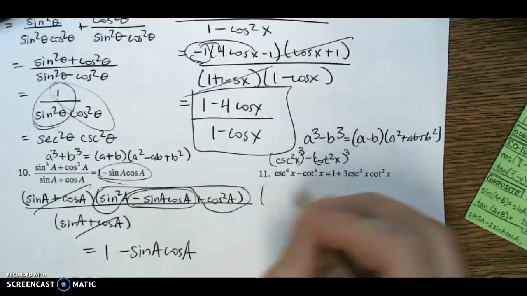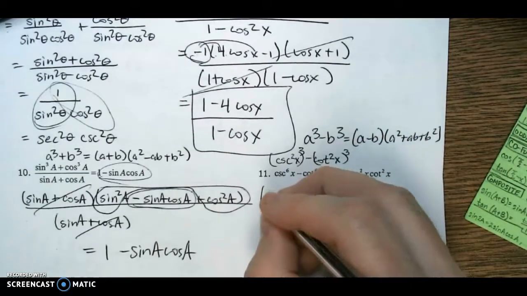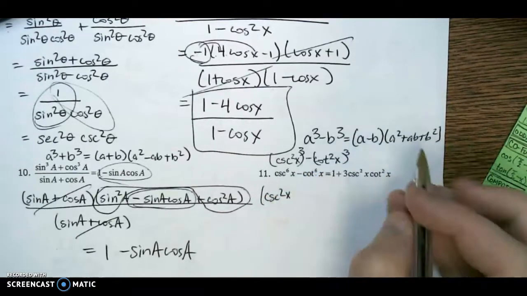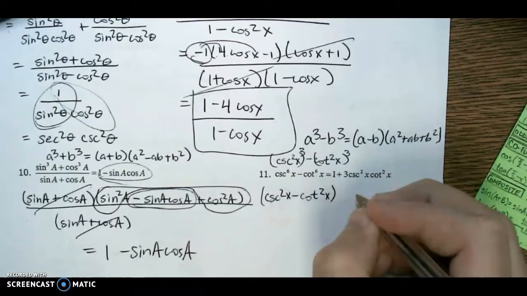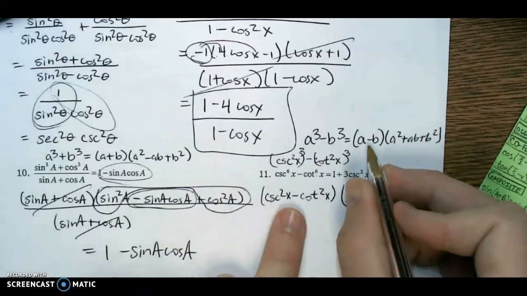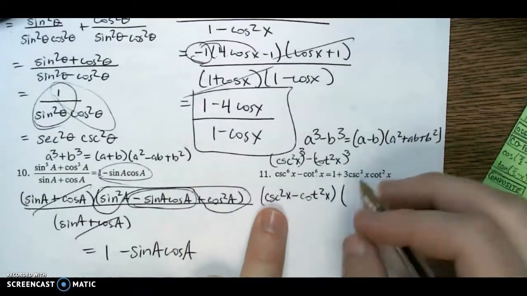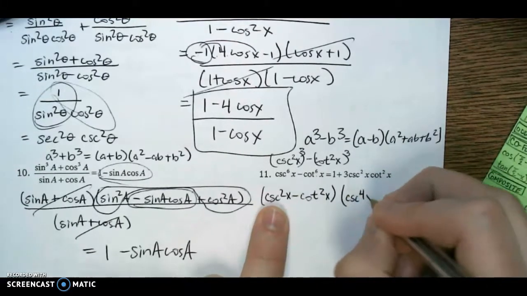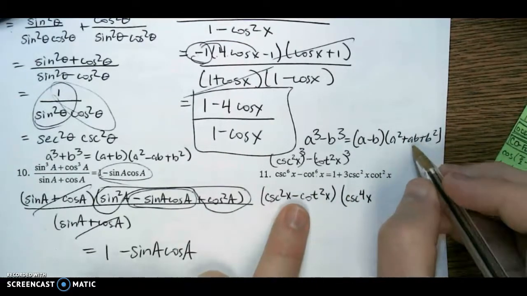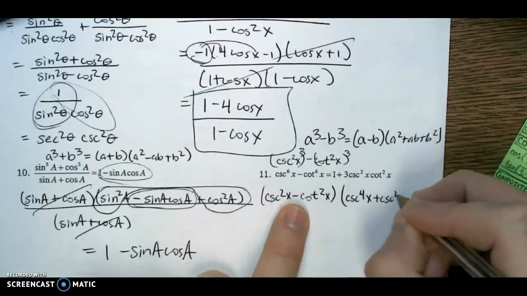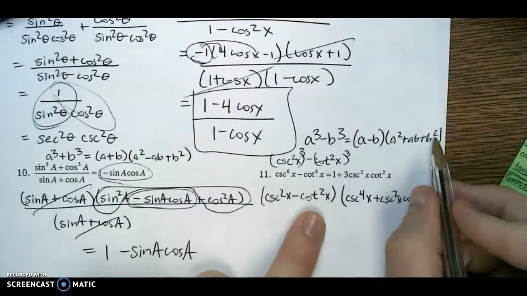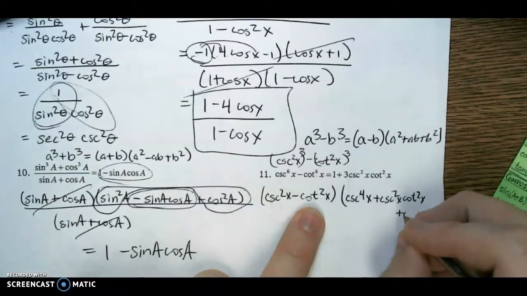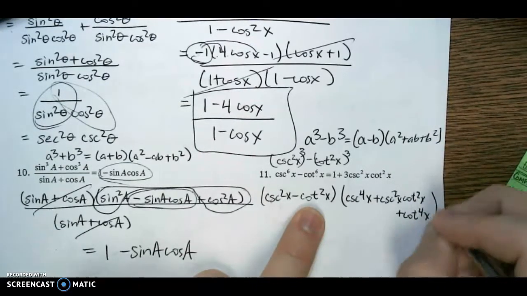So that means my a's are cosecant squareds, and my b's are cotangent squareds. So that'd be your first factor. Then you have cosecant squared squared. You have positive cosecant squared cotangent squared. And then you have plus cotangent squared squared, which would be to the 4th.